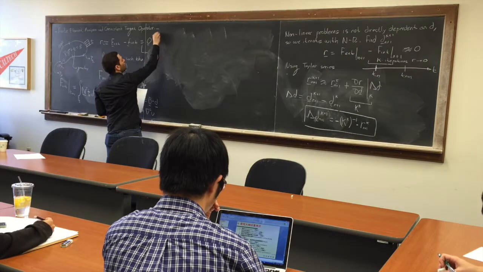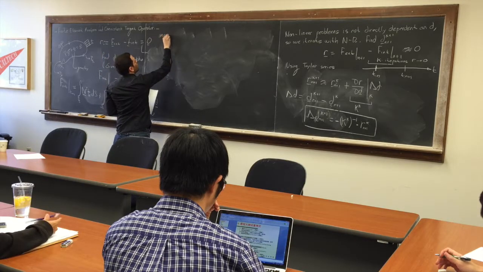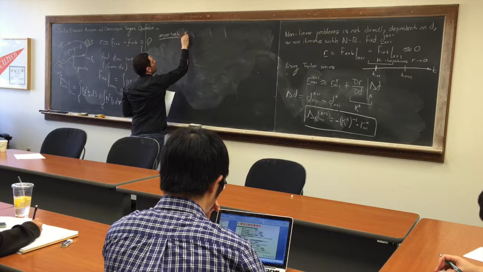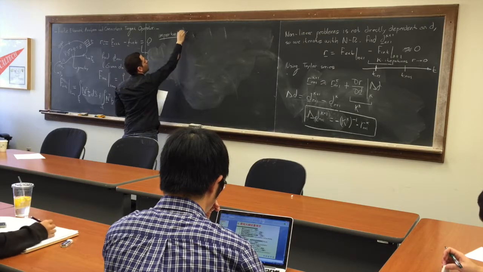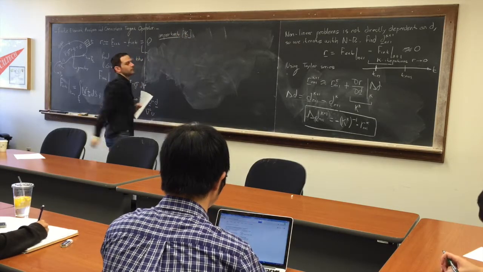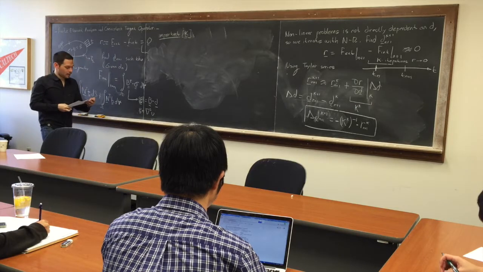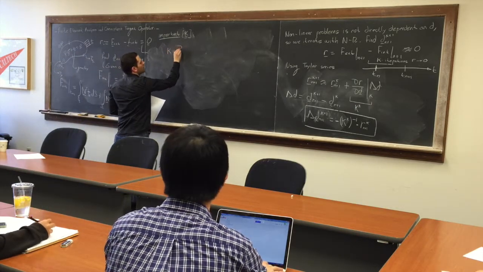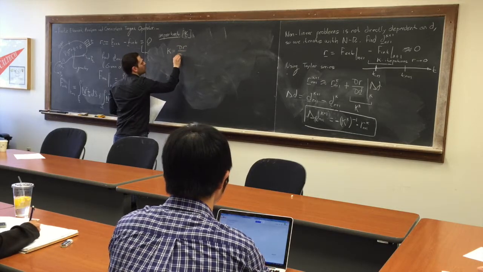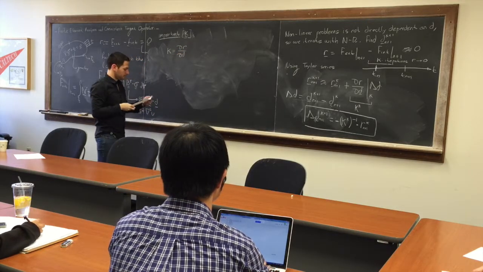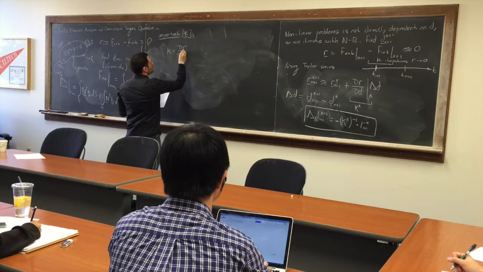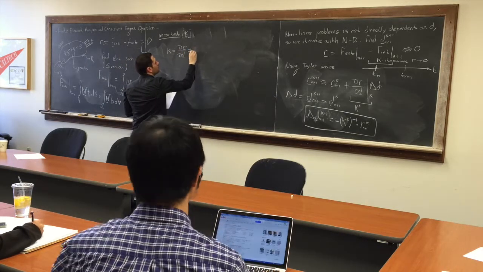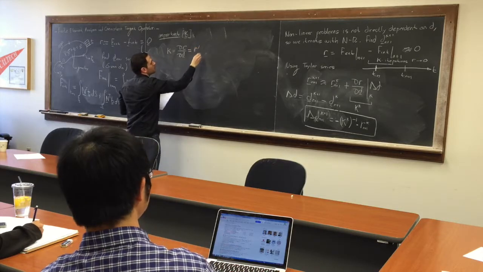So it's very important to compute this stiffness matrix K. So K, as we said before, is the derivative of the residual with respect to D, right? So we call it R prime.